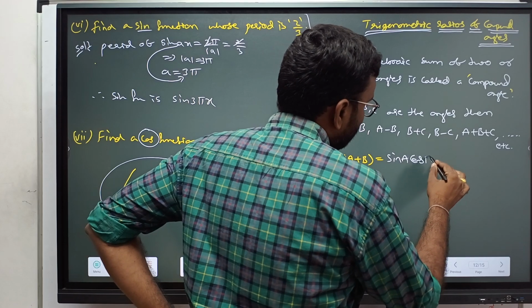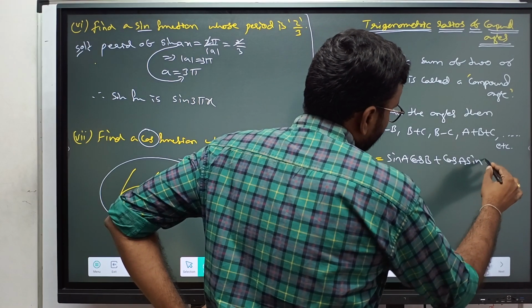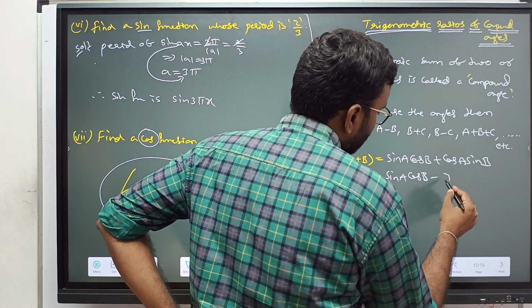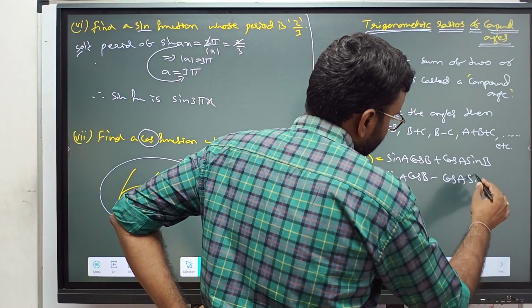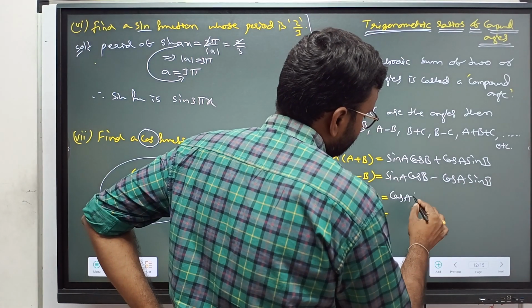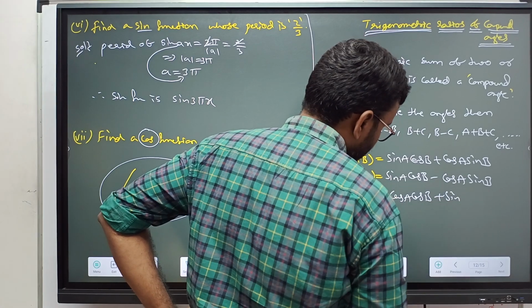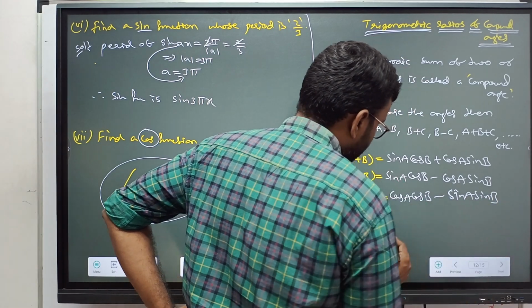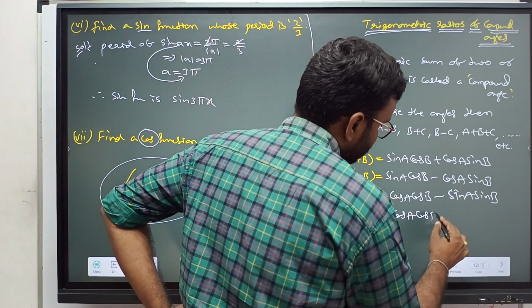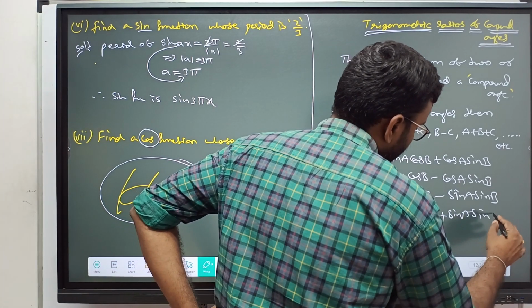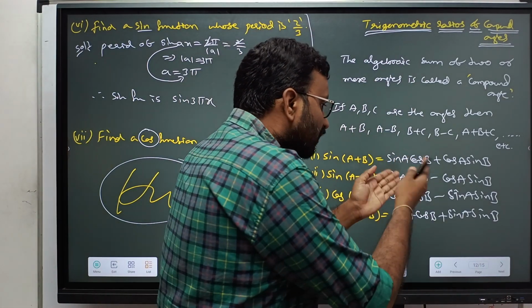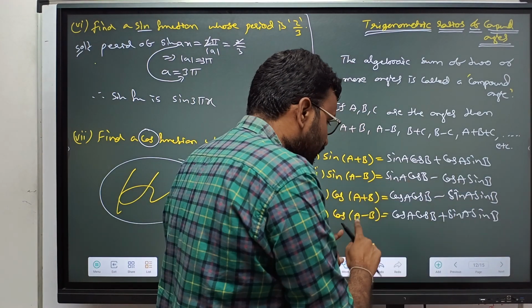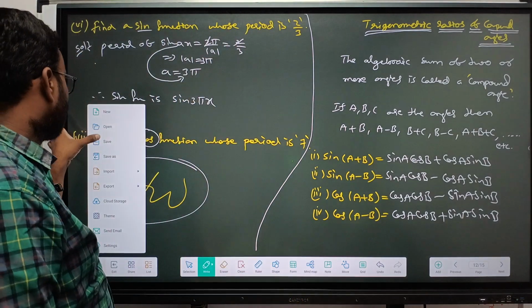Sin A cos B plus cos A sin B. Sin of A minus B: sin A cos B minus cos A sin B. Cos of A plus B: cos A cos B minus sin A sin B. Cos of A minus B: cos A cos B plus sin A sin B. For sine, the sign stays the same, but the ratios are mixed. For cos, the ratios are the same, but the sign is reversed.